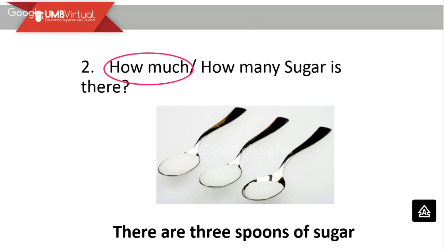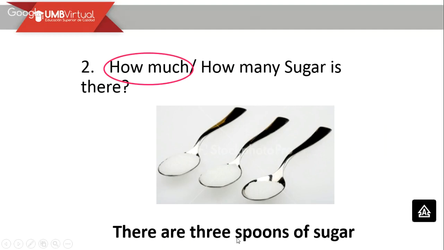Okay. And right here, we use there are 3 spoons of sugar. Okay, you can tell me, no, teacher, it's not very clear for me because in the first part, according to the question, I use how much, but in the answer, right here, it is not there is, it is there are. What is the difference?